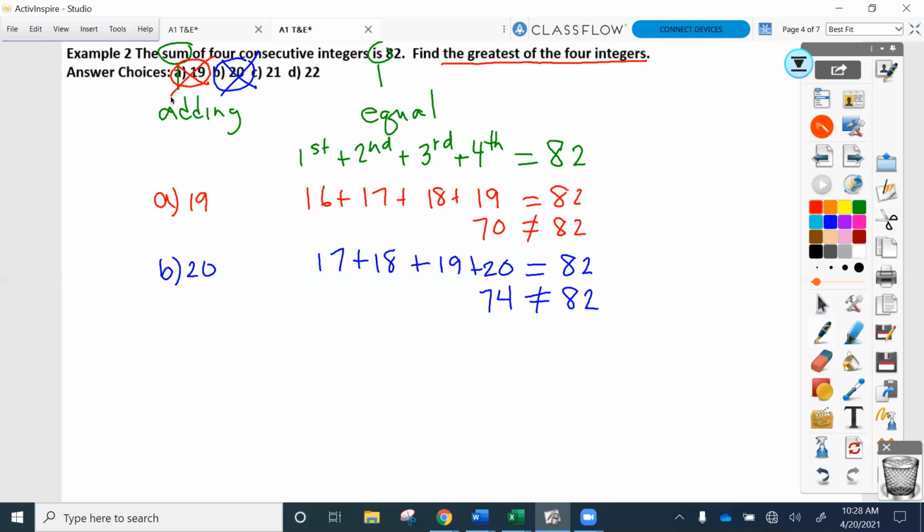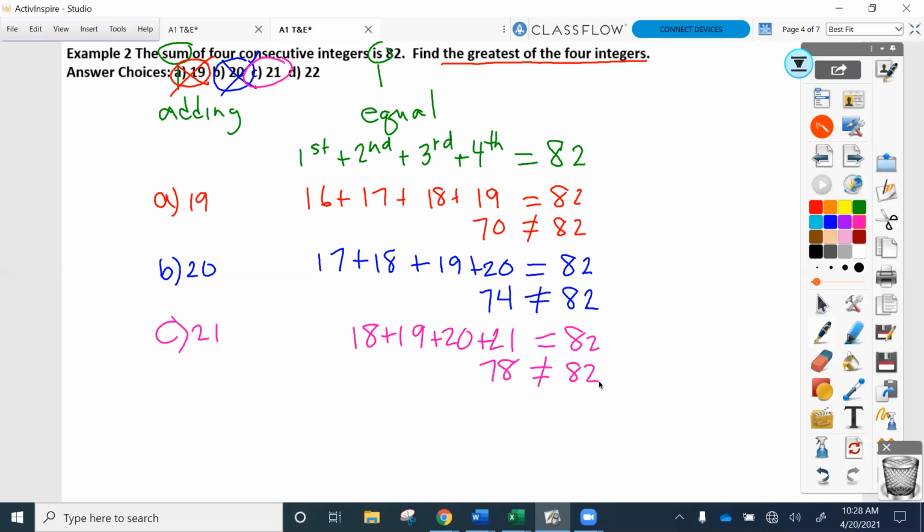All right, let's try C. 21. So the biggest integer would be 21, and then it would go down from there. So let's see if that works. So this is equal to 78, so that does not work.